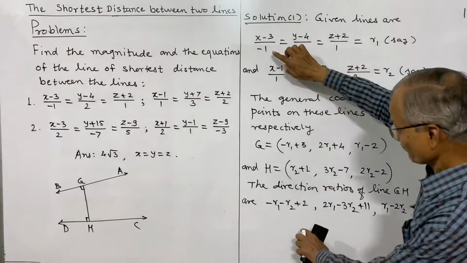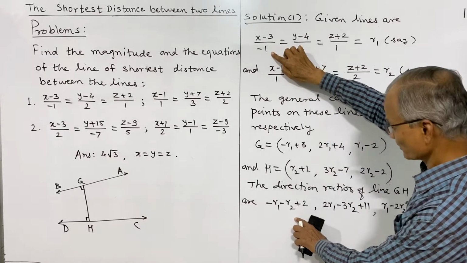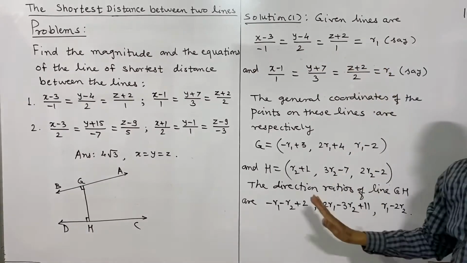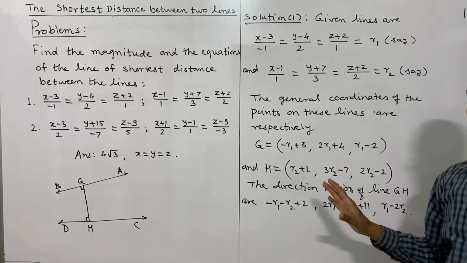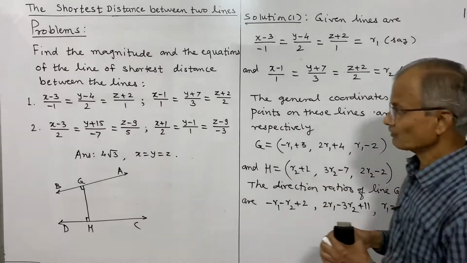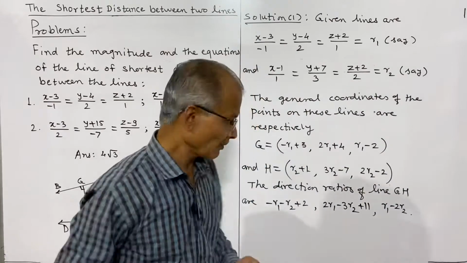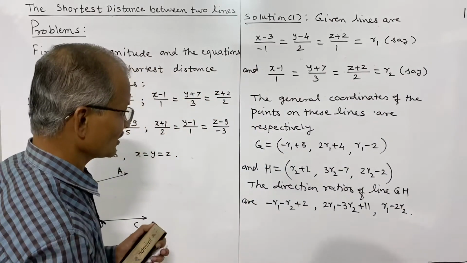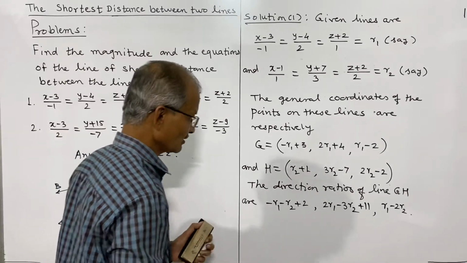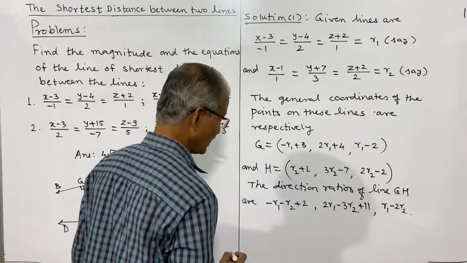So the sum of product, minus 1 into this plus 2 into this one plus 1 into this one, must be equal to 0. A1 A2 plus B1 B2 plus C1 C2 is 0. So that we have to use, and therefore the line GH is perpendicular to both AB and CD, or both the lines.